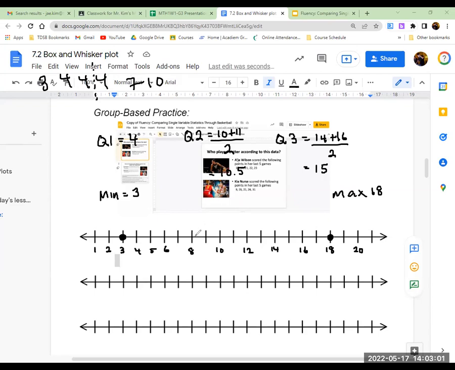Okay, next. Please mark your Q1 as part of your box. Draw a thicker vertical line at 4. Next, draw another vertical at 10.5, which is going to be between 10 and 11.